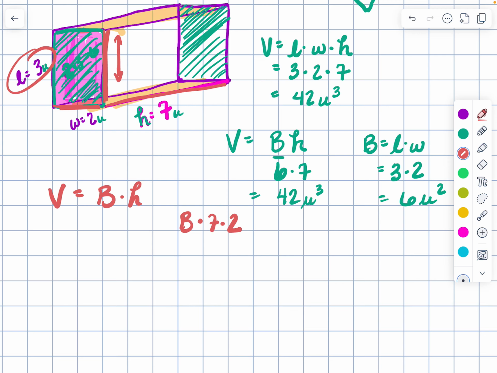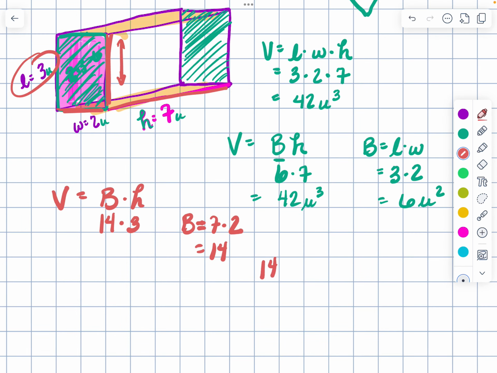So 7 times 2 is 14. I put 14 in here, and then our height is 3. So now we have 3 times 14. It should come out to 42. 3 times 4 is 12. 3 times 1 is 3, plus 1 is 4. That's 42. So now we get 42 units cubed.